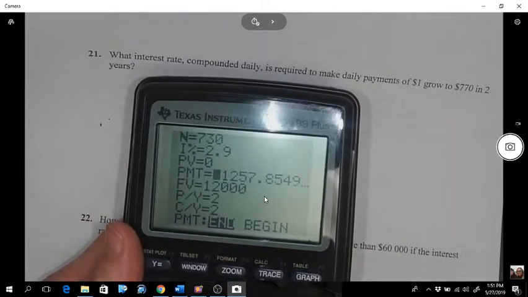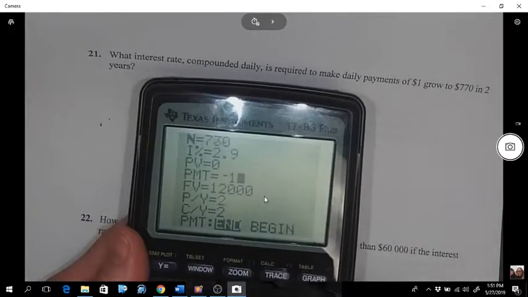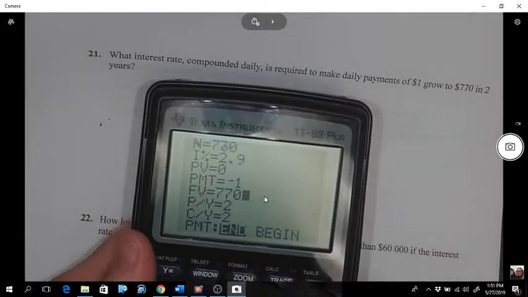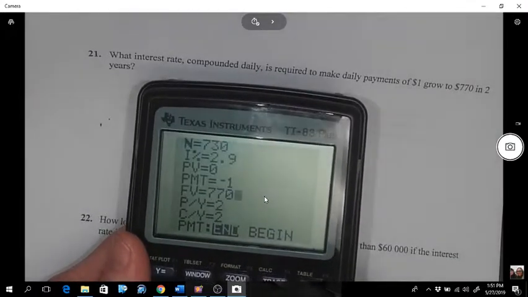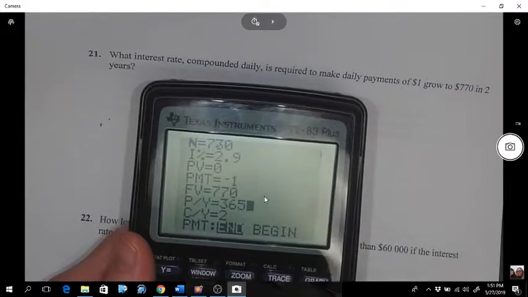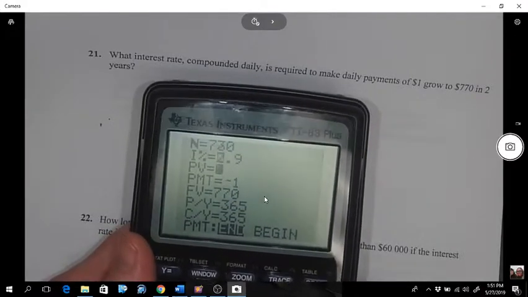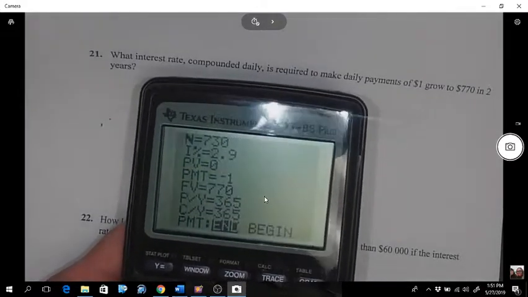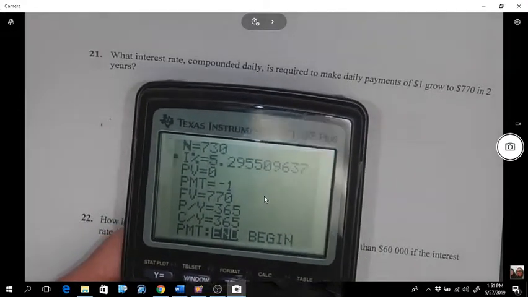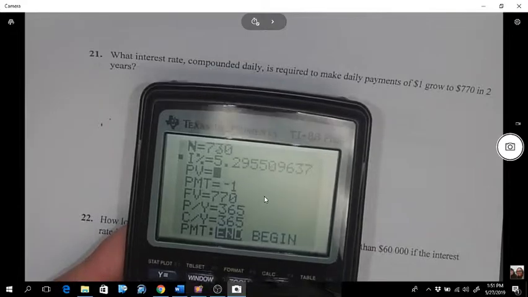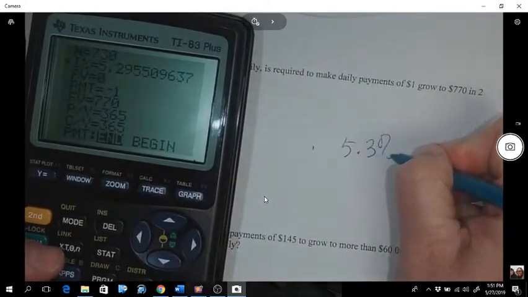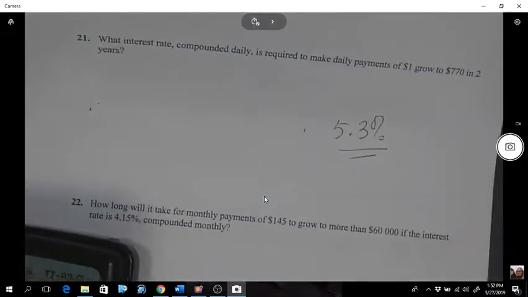Payments 1, but we need a -1, and we want to turn the 0 into 770, and we're doing 365 payments per year. All right, here we go, up to the I, and second function. All right, there it is. The answer would be 5.3% interest rate would be what we would need.